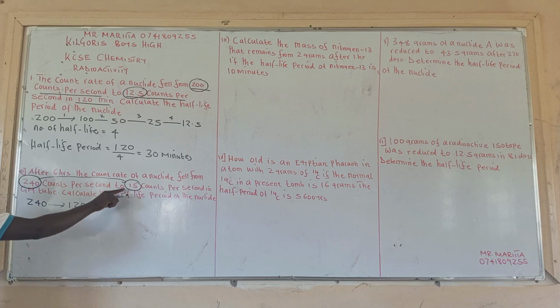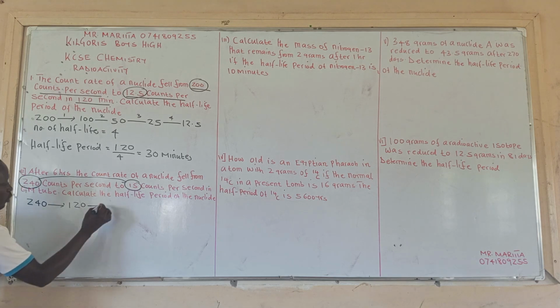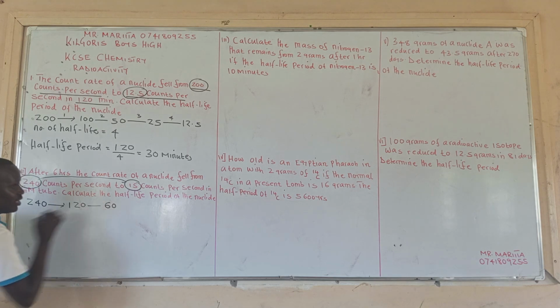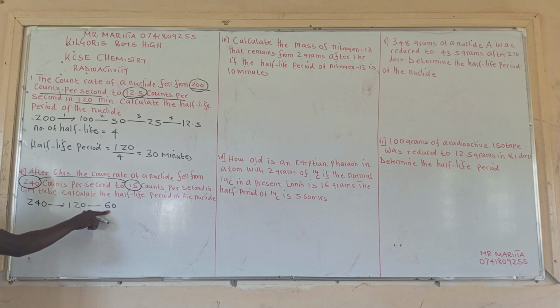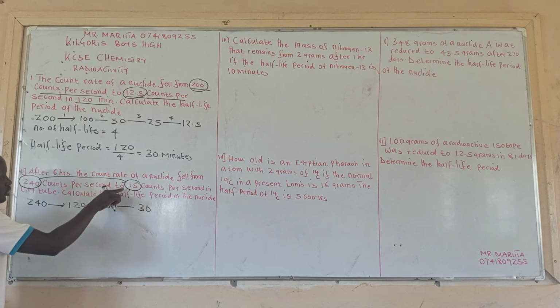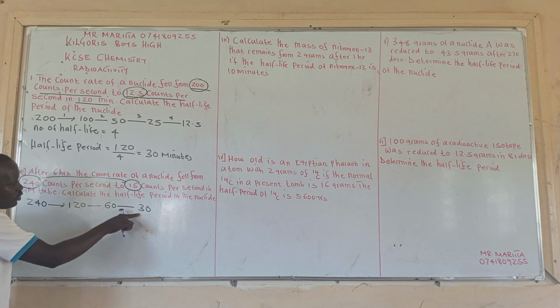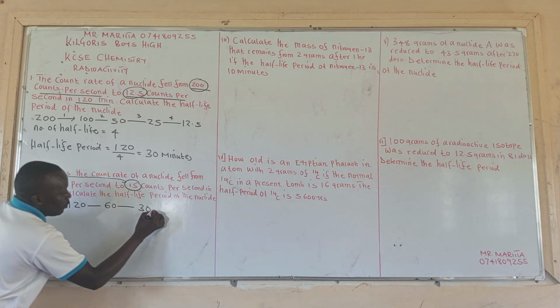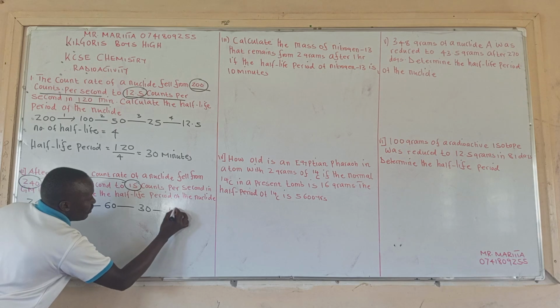Still, we are far from 15. Divide 120 by 2, it gives us 60. If you divide 60 by 2, this gives us 30. Still, we have not reached our 15. If you divide 30 by 2, this gives us 15.